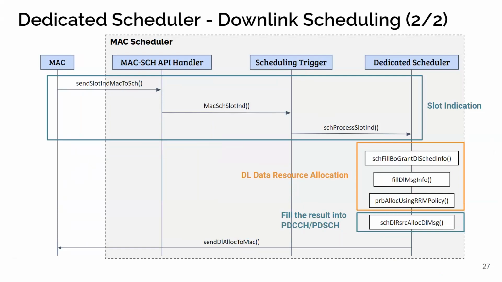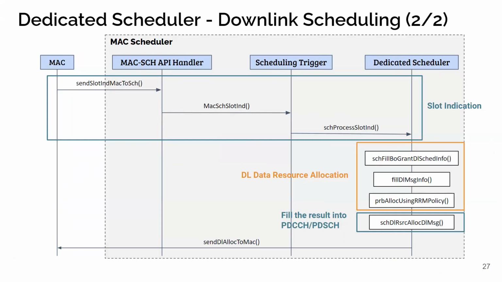You can just say it triggers the downlink resource allocation. Then the dedicated scheduler will fill the downlink message info and also have a PRB allocation, also known as when and where the UE can get this information. And it can be allocated in this function.